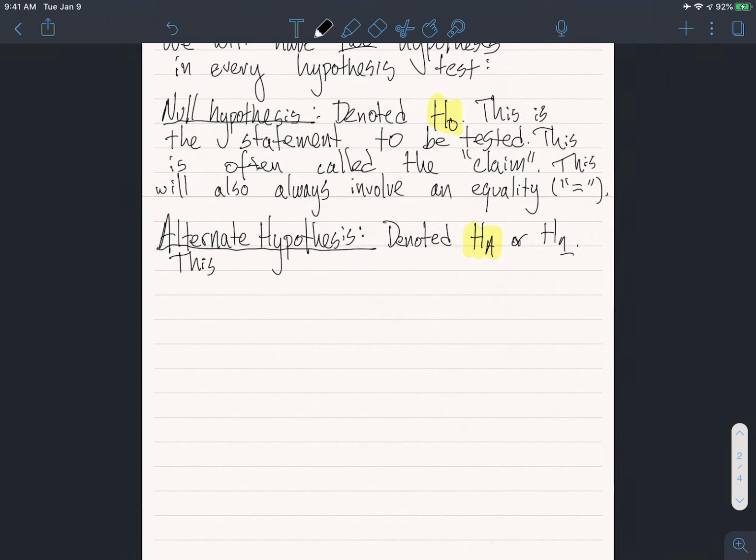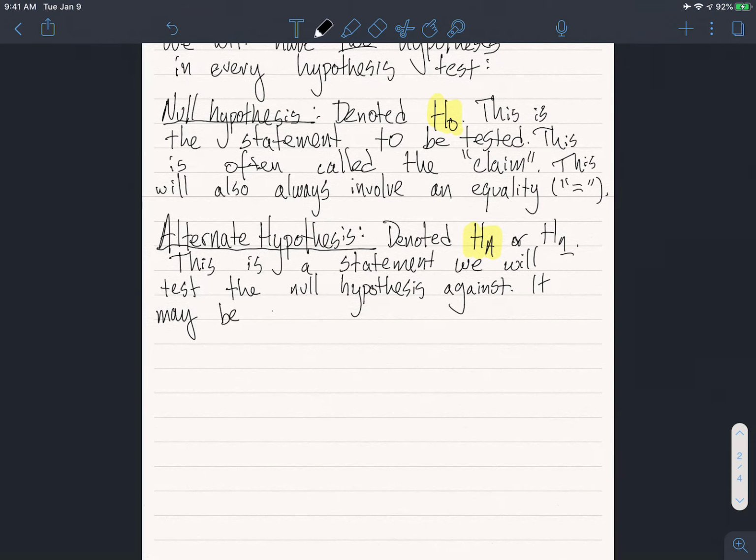This is a statement we will test the null hypothesis against. It may be what evidence supports.